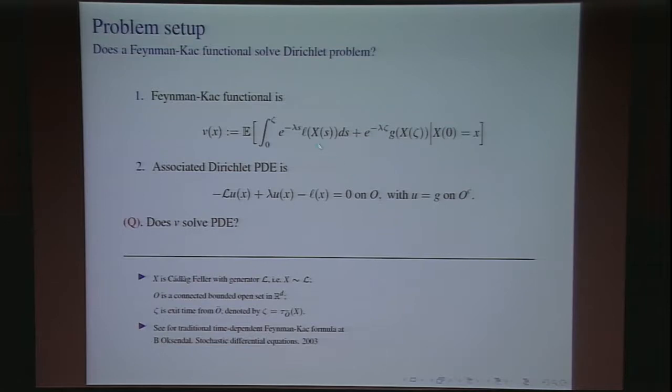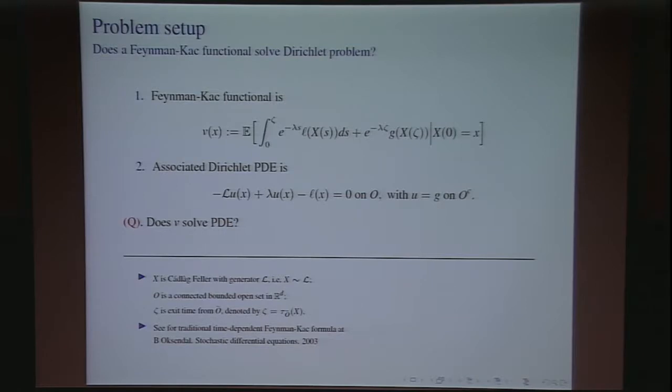I will call this the Feynman-Kac functional. And usually we can expect the value function V is the solution of a PDE. It's a linear PDE. So we are going to ask, well, is that true? Does V given by the average of some random thing really solve the PDE?